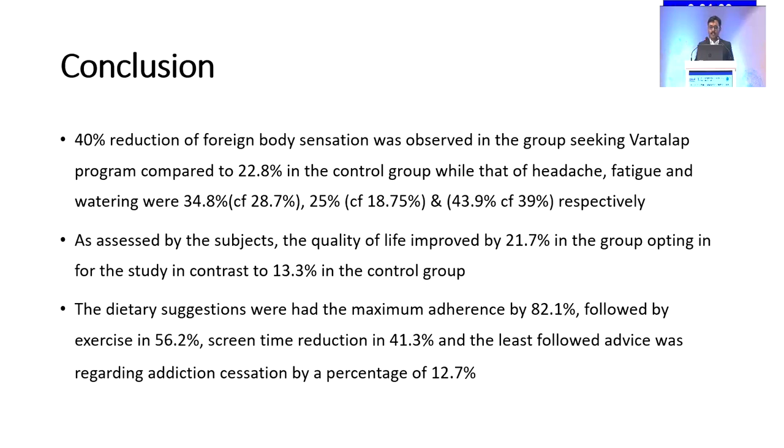The incidences of headache, fatigue, and watering were reduced significantly in this group, which is 34.8% with respect to 28.7%, 25% with respect to 18.75%, and 43.9% instead of 39%. As assessed, we found that quality of life improved by 21.7% in the group which opted in for the study, in contrast to 13.3% in the control group.